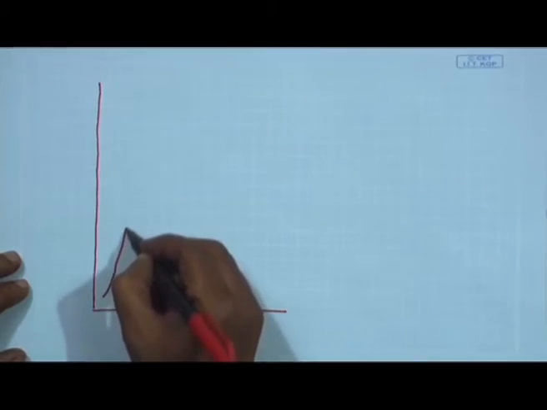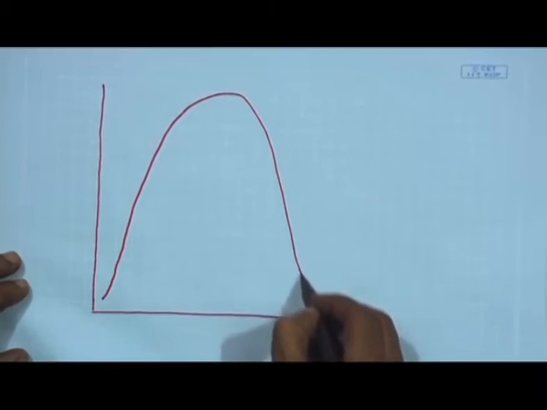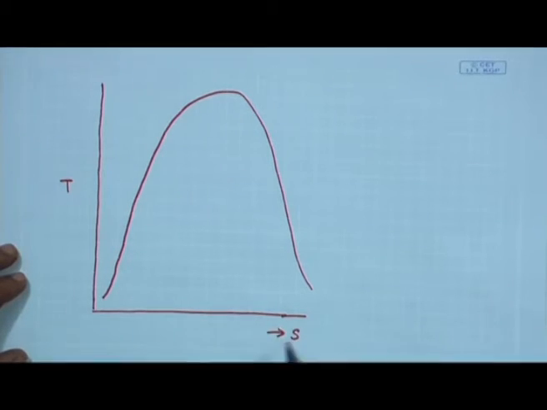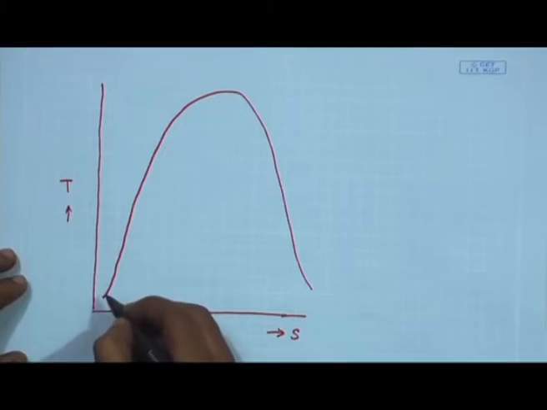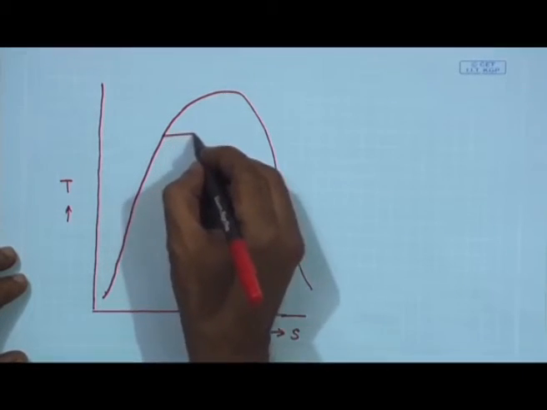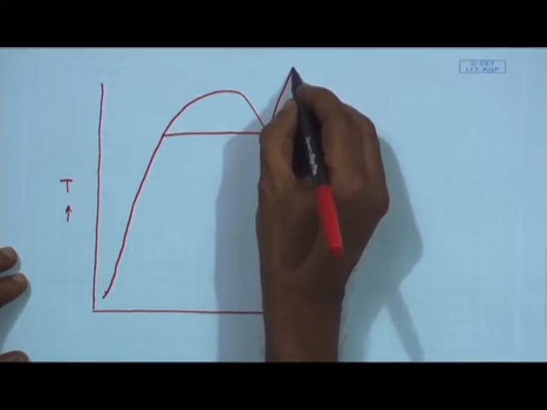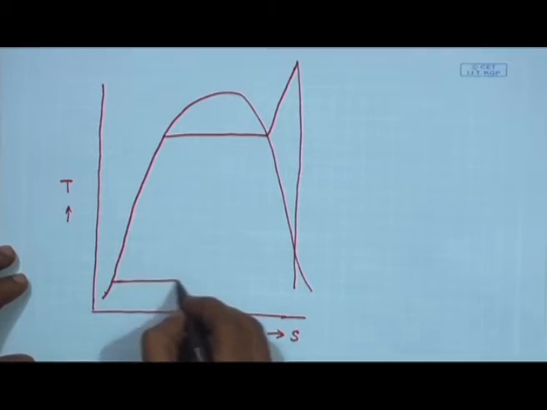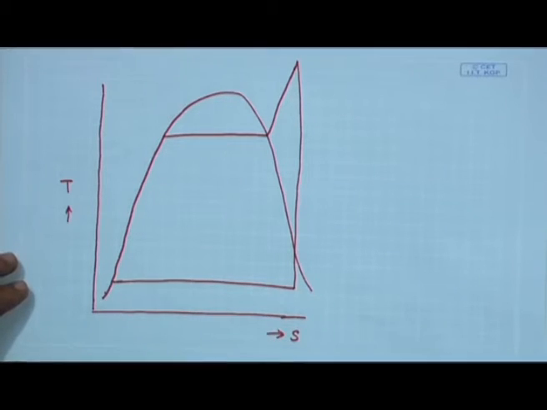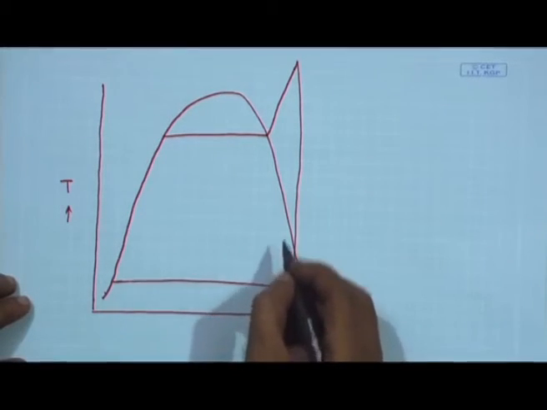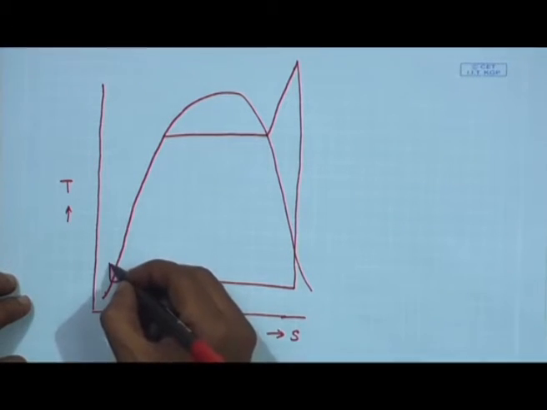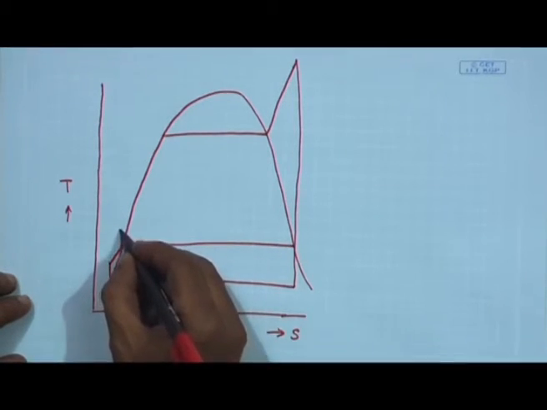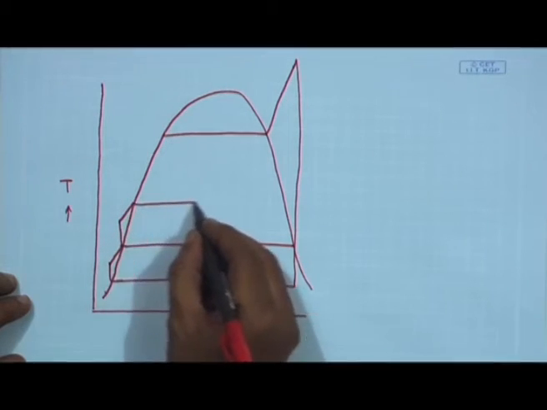Let us say this is my steam power cycle, and this side is T and this side is S. Schematically, this is showing the cycle, and I am showing it only for open feed water heater, just for the sake of understanding it.